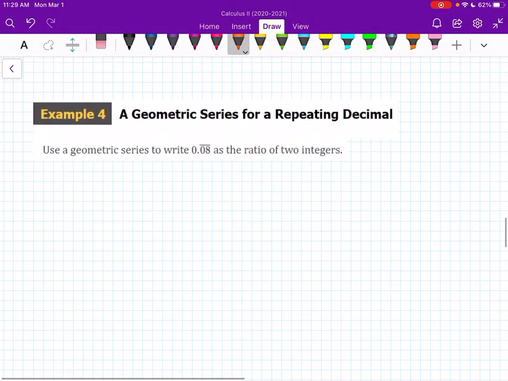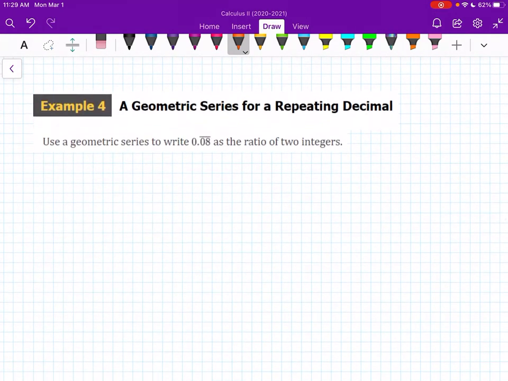All right, next. Geometric series with a repeating decimal. This example is pretty cool. We want to use the geometric series to write 0.08 repeating as a ratio of 2 integers. So the first thing I'm going to do is say 0.08 repeating is 0.080808, and so on and so forth.